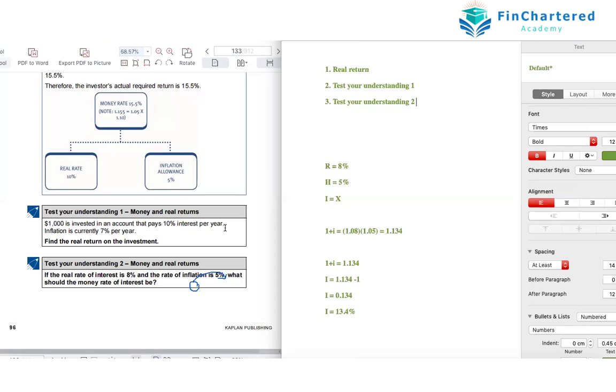We all know what inflation is. It is the rise in the price of something. Now, how does inflation affect cash flows?